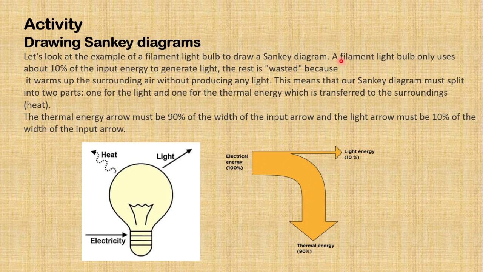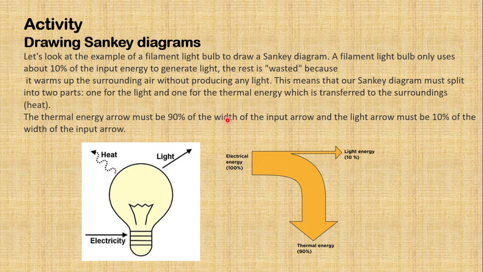See this example carefully. A filament light bulb only converts 10% of input energy into light energy, while the rest of the energy is wasted because it warms up the surrounding air, or energy is lost in the form of heat. So the Sankey diagram must split into two parts, one for light and one for the thermal energy or the heat energy. The thermal energy arrow must be 90% of width.